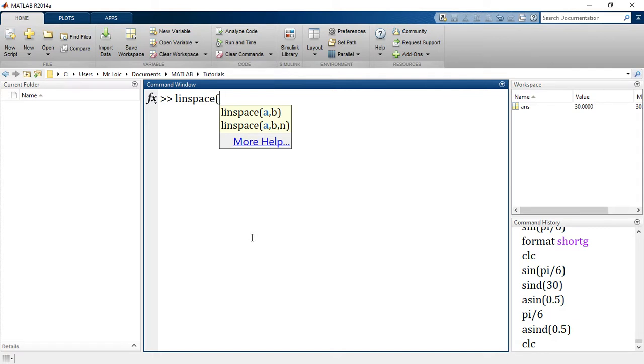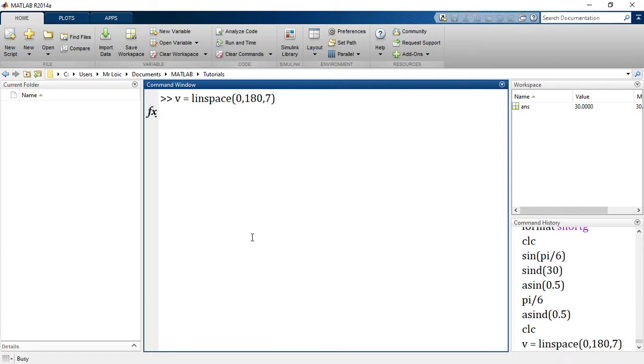So let's say I want to create a vector that has several angles. linspace going from 0 to 180 degrees. I want to take a number of points which can divide 180 very easily, so I'll take 7 points so that it will be 180 divided by 6. What would that give us exactly? We'll have 0, 30, 60, 90, and so on.